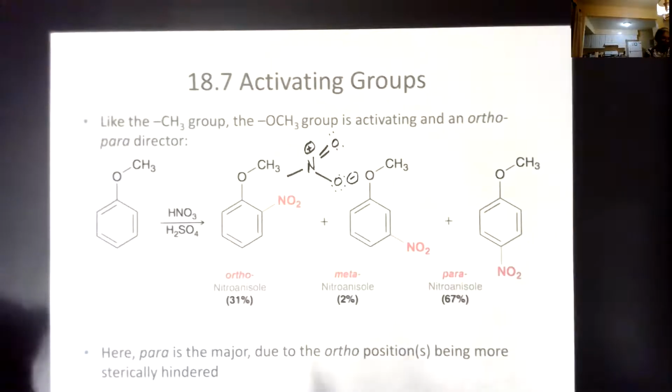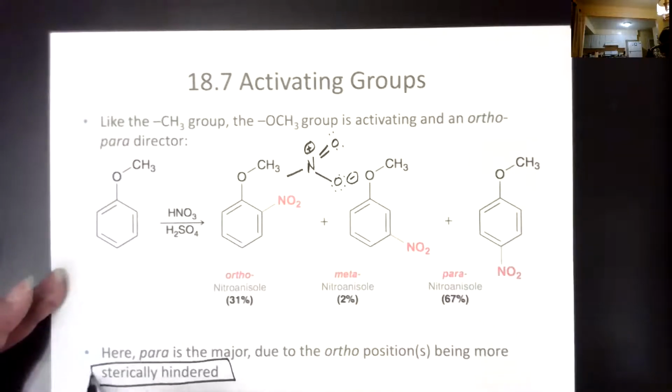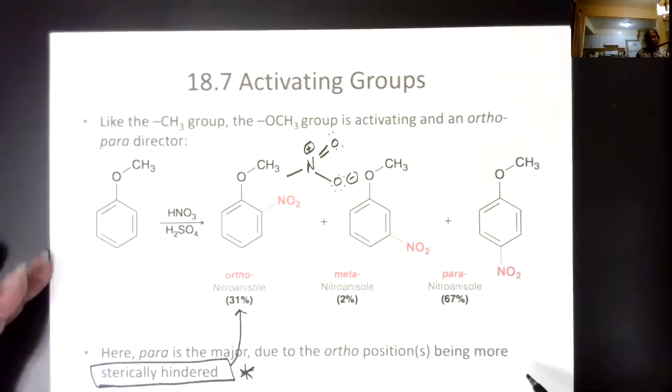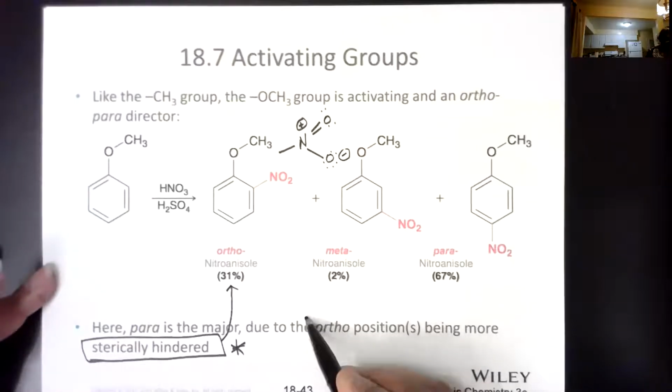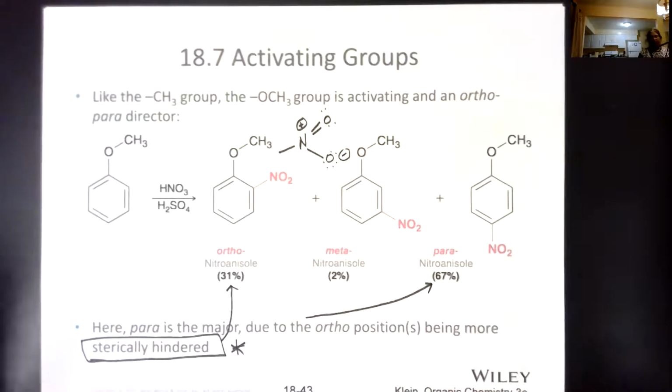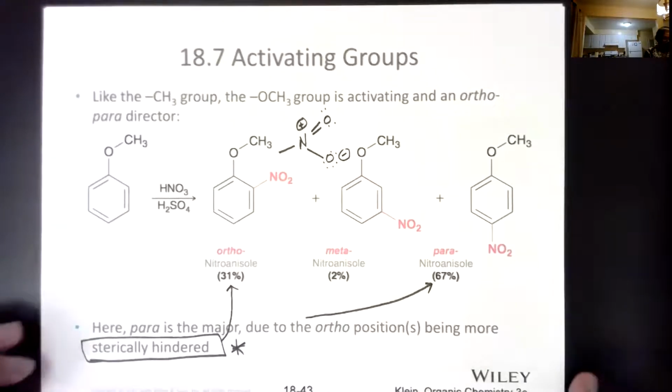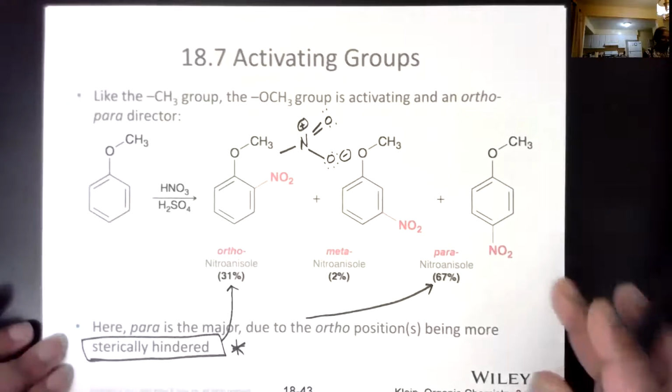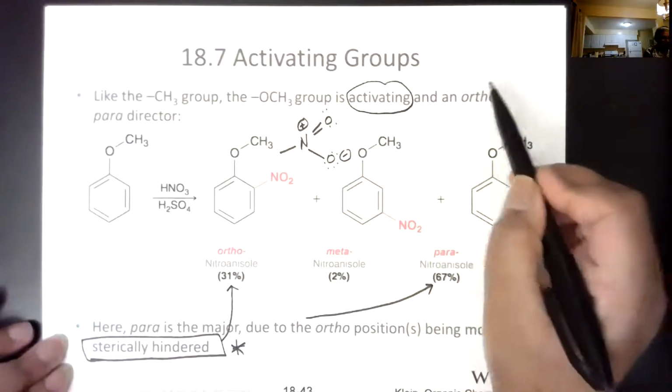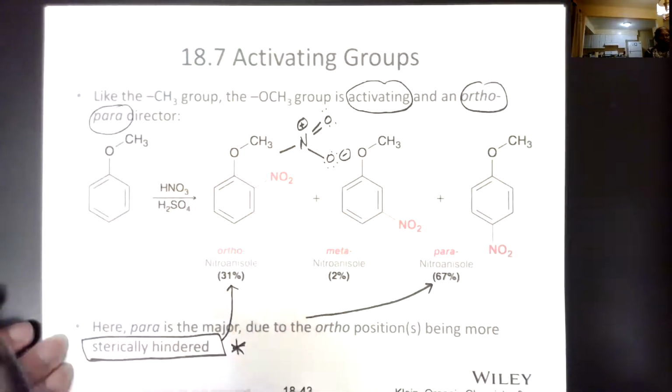You have three atoms in the nitro group. And so because of steric reasons, you get less of the ortho and more of the para. You see that the yield is reversed. You get about 66% of the para and about 33% of the ortho, and still very little of the meta. Okay. So activating groups are generally ortho, para directing.